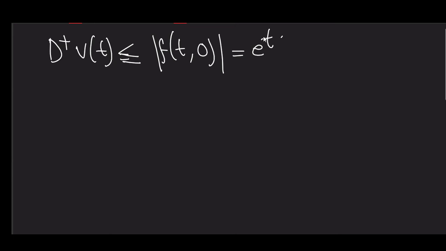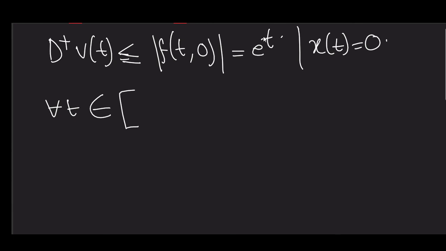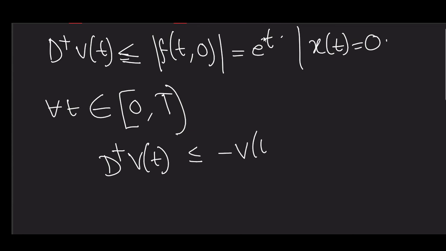Right. So this is true whenever xt is equal to 0. So if that is the case, then for all t belongs to 0 comma capital T in this range, we can have D plus vt less than or equal to minus vt plus epsilon. By definition, your vt is non-negative and v0 is equal to mod a.